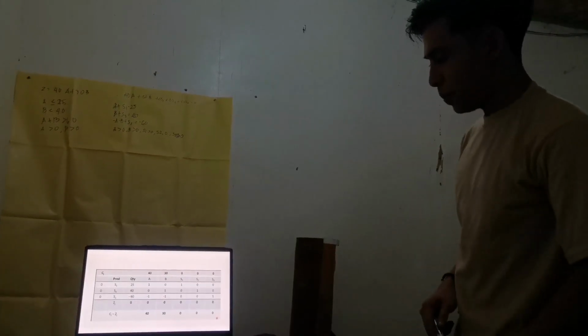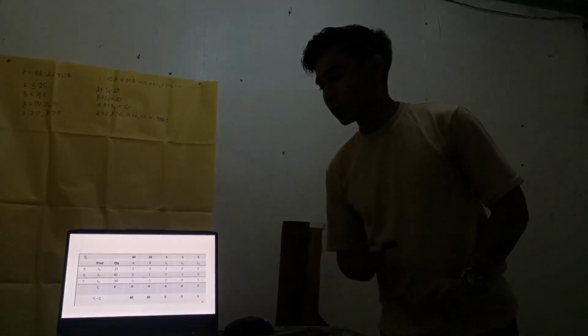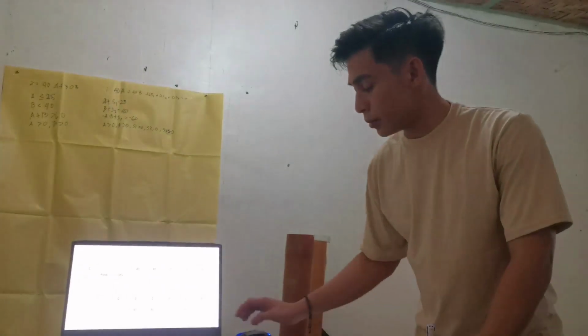So, as you can see, positive siya, no? So, in order to identify the pivot column, itong 40. Ito yung mas malaki yung value, na positive value. So, yan yung pivot column natin. And then, yung pivot row is non-negative and non-zero.